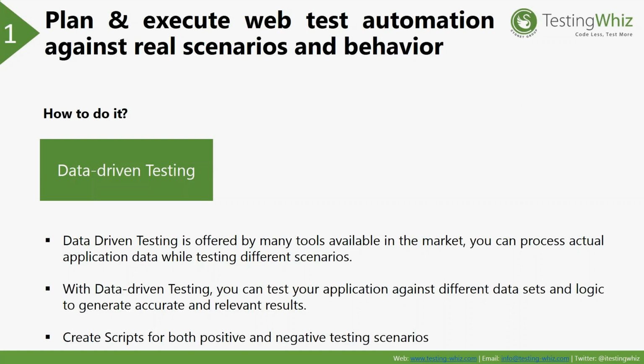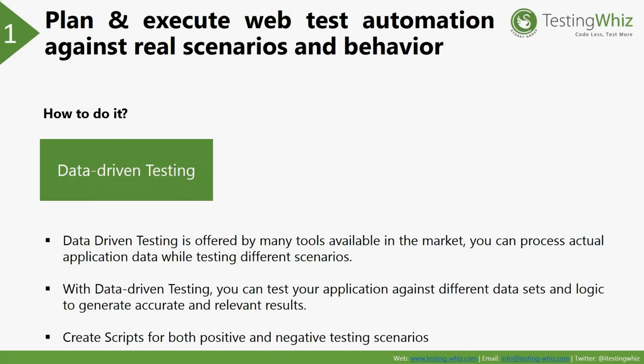The other way to do this is to create both types of scenarios. When you implement automation, it's fairly simple to use the same script and create a positive and a negative scenario. Let me provide an example. If you want to test, say, a form, and you want to test it for only numbers, then you should also replace that data, using the same automation script, with different sets of numbers or a combination of alphabets and numbers.